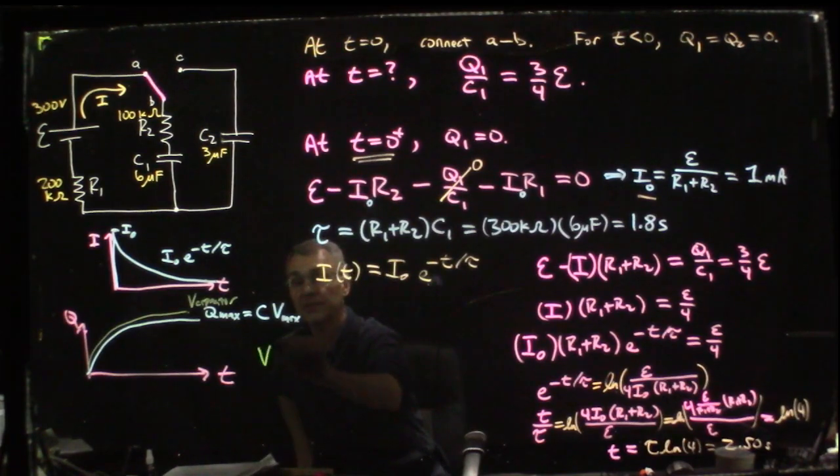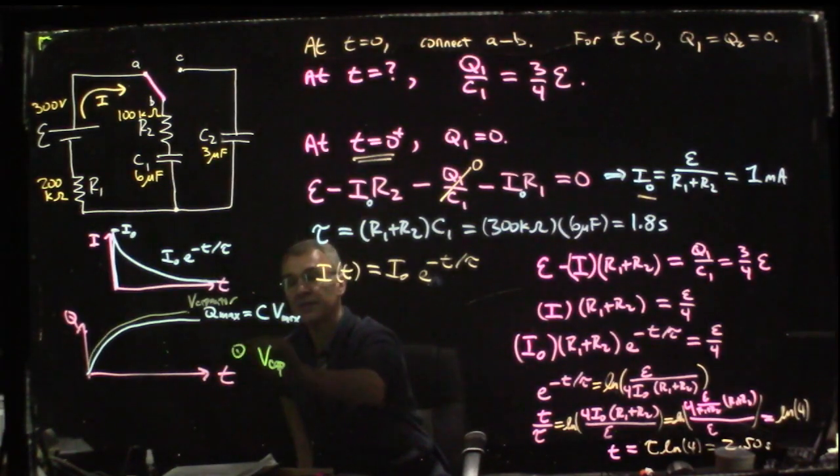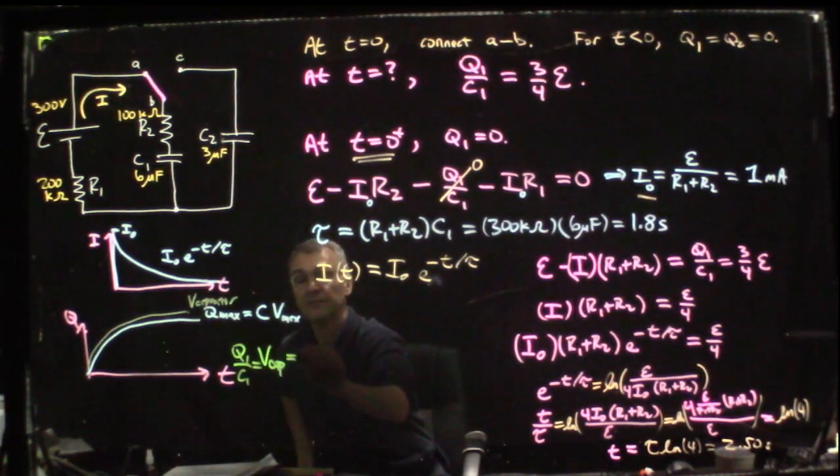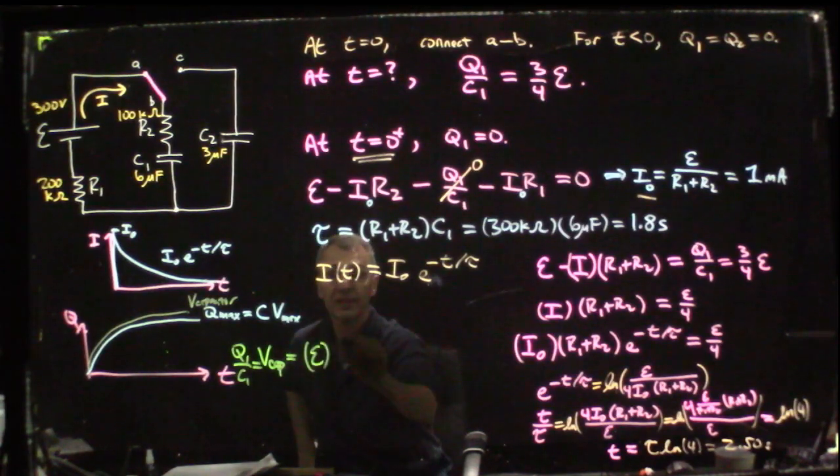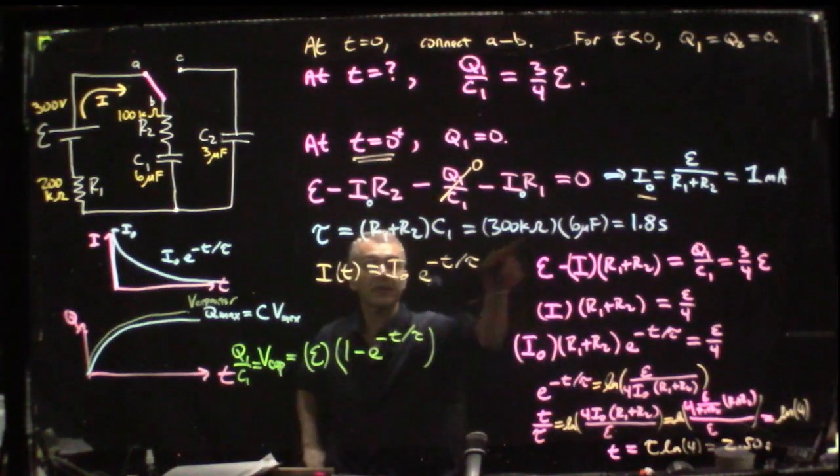We can say V capacitor, that's the same thing as Q1 over C1, that equals V capacitor. In this case, it's the battery voltage times 1 minus e to the minus t over the same time constant that we calculated over there.